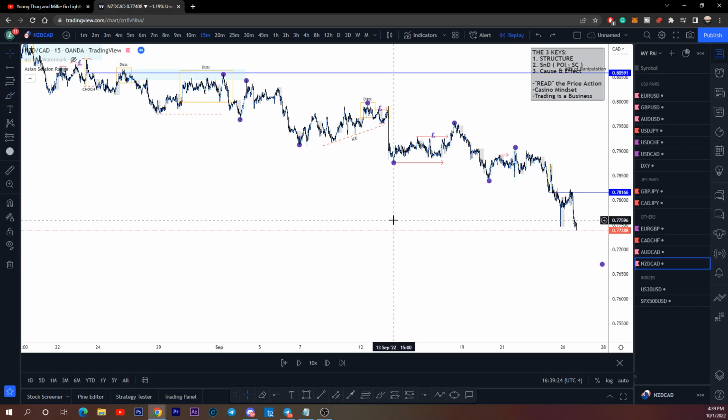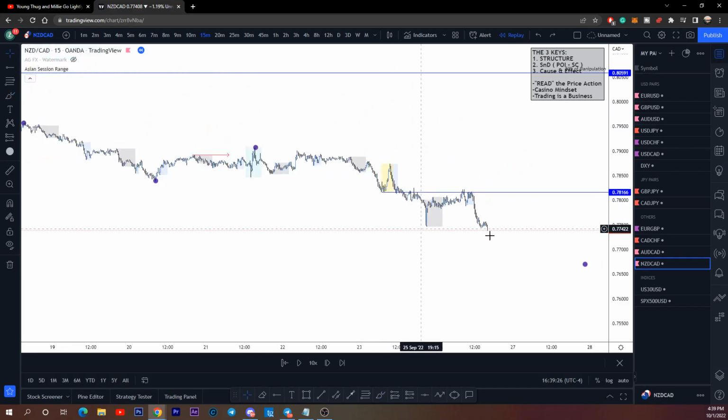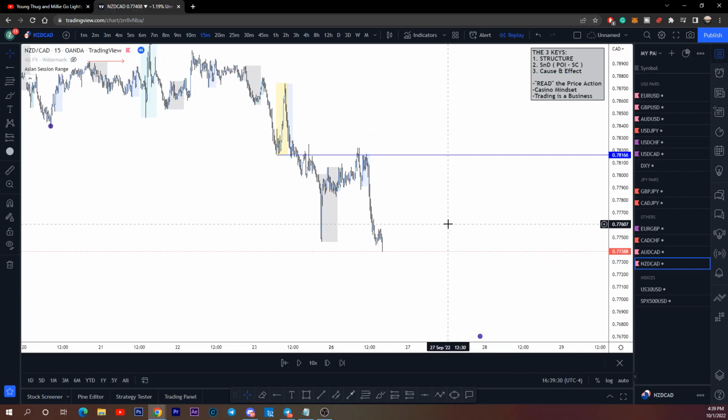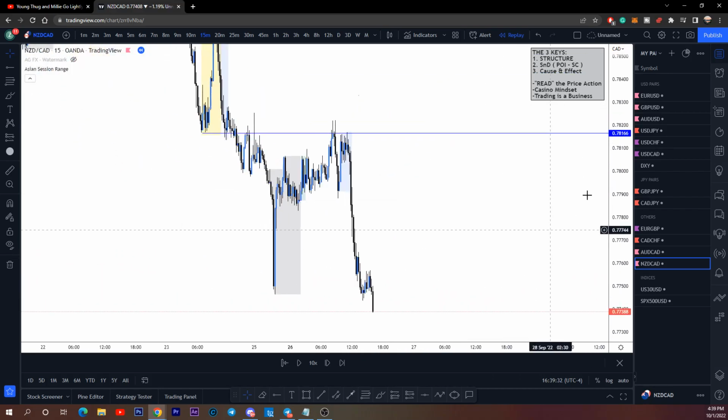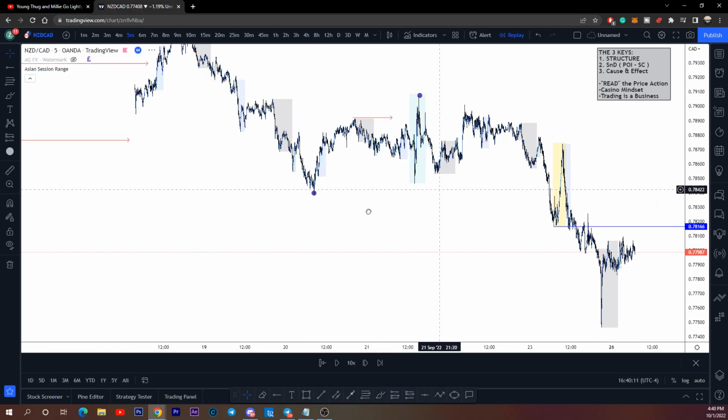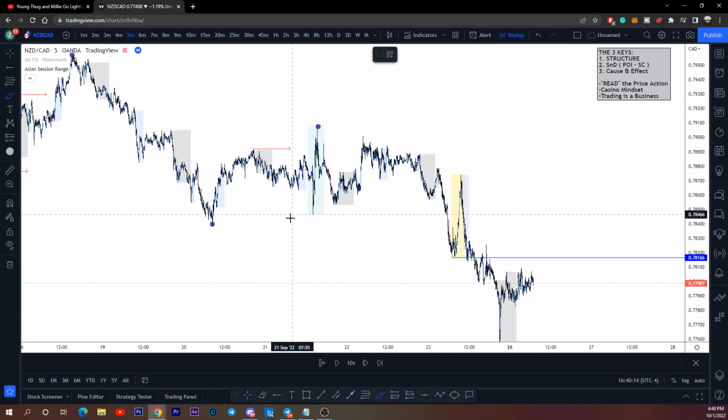So I'm going to give you guys a good example of cause and effect while I explain this certain setup that occurred here, right? So going back into it, we're going to go all the way back and replay this. Looking at NZD-CAD, we had a certain number of things happen. We had this raid of liquidity that occurred here.